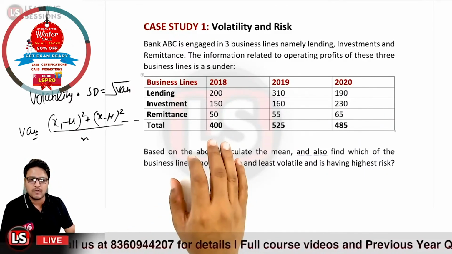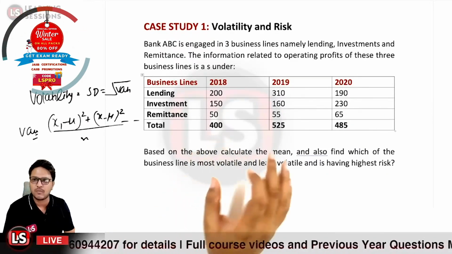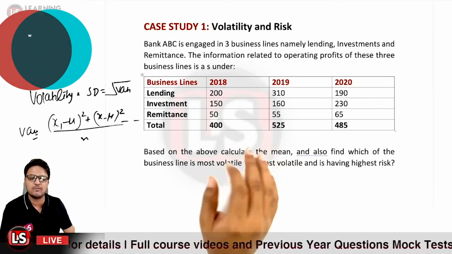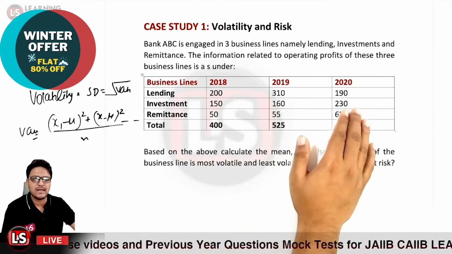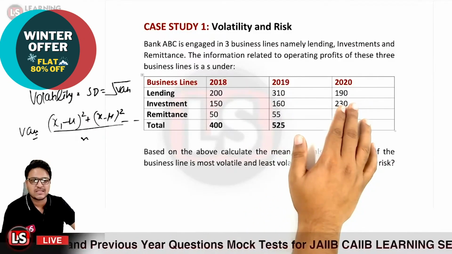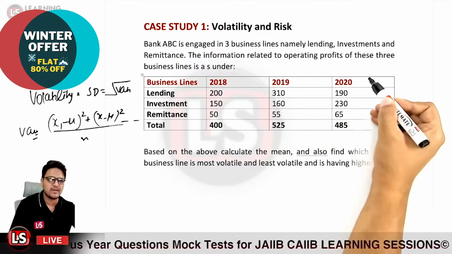Now we are provided with the data in a horizontal format, so we will be calculating the mean as such. It will be 200 plus 310 plus 190, that is equal to 700, so it will be 700 divided by 3.